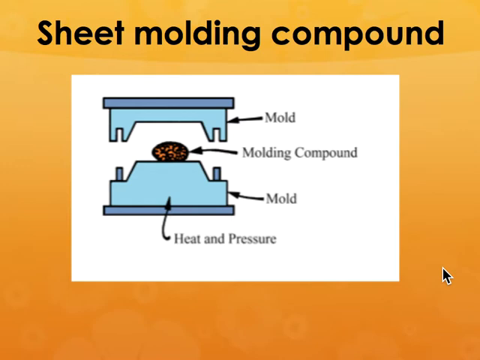You can also have a process called sheet molding. So you take a bunch of that sheet molding compound, and then you press that, and because of the combined action of heat and pressure, this molding compound will flow and fill this mold completely and give you a uniform thickness.